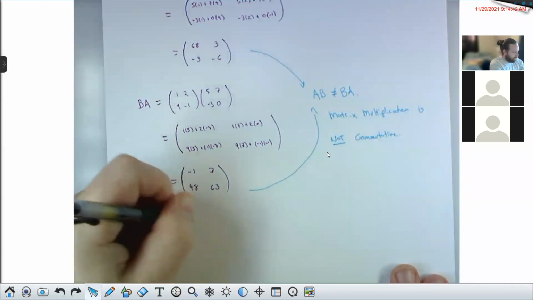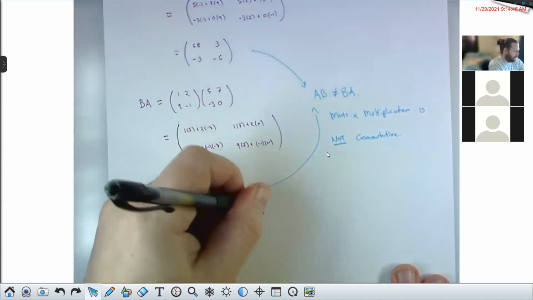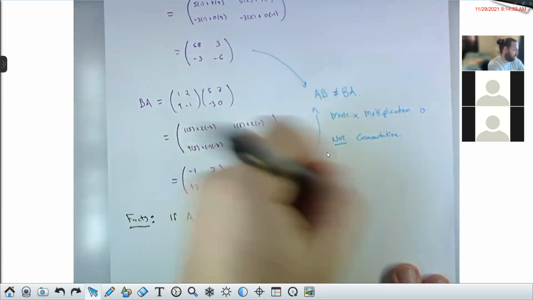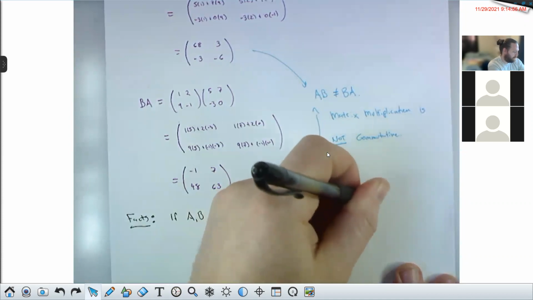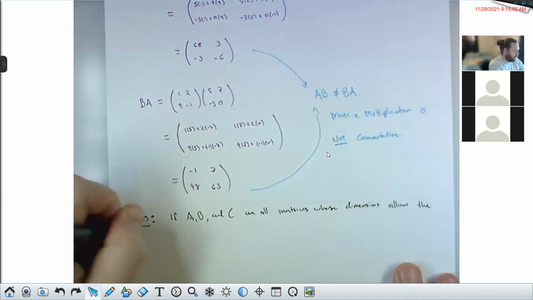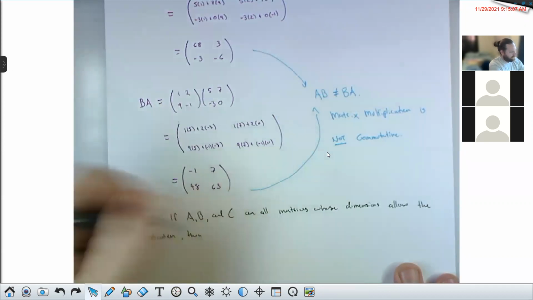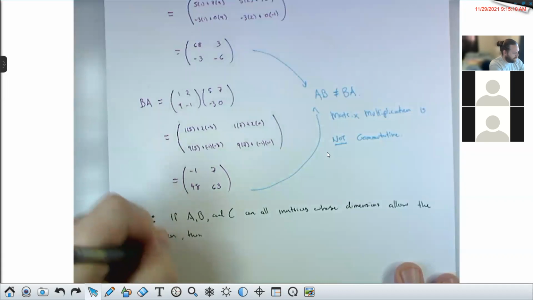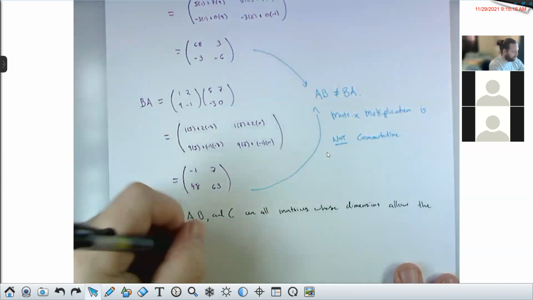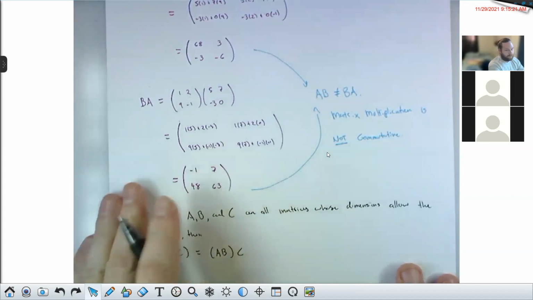If A, B, and C are all matrices whose dimensions allow the multiplication, then (A times B) times C will be the same as A times (B times C).